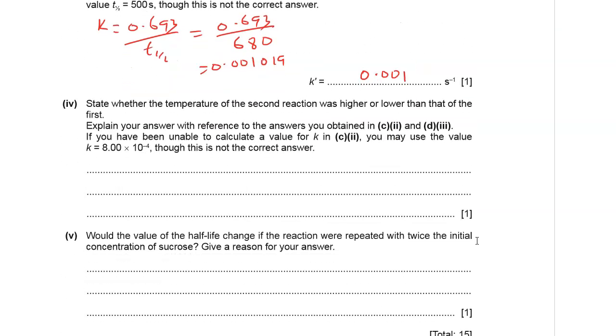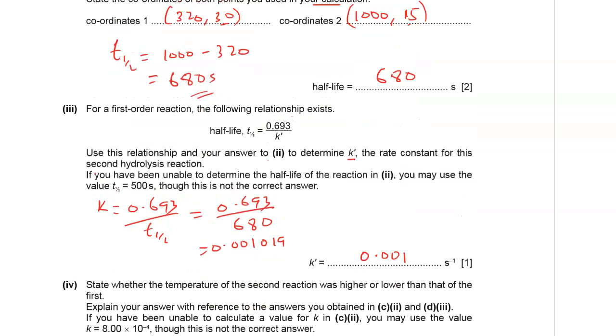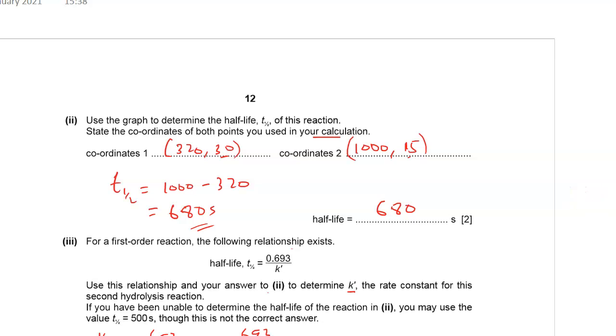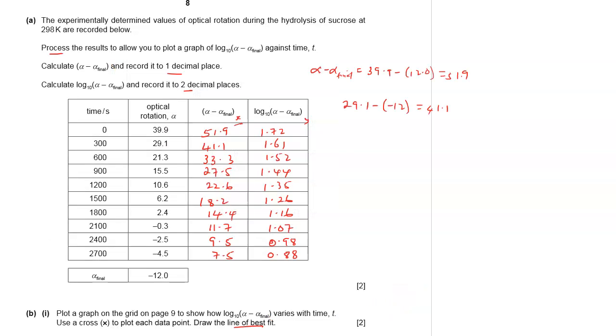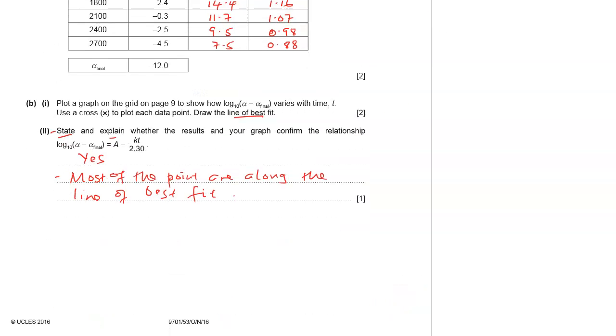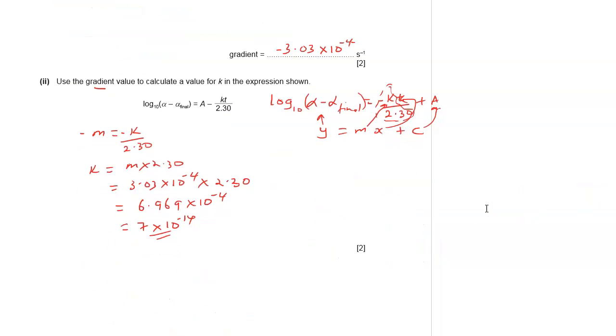Right, state whether the temperature of the second reaction was higher or lower than that of the first. To know whether the temperature is higher or not, you look at the values of k. Let's go back here. Do you calculate the value of k anywhere? We had calculated the value of k here and found that k is very little, 7 times 10 to the power 14.